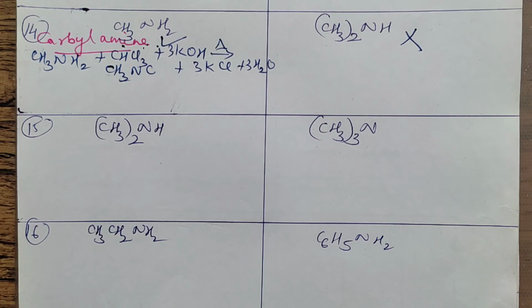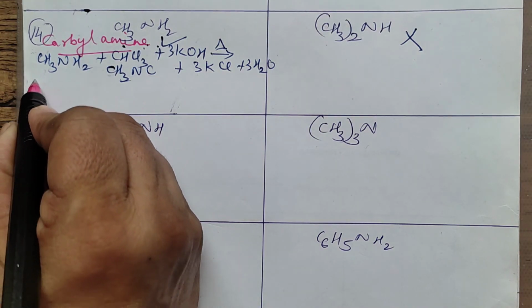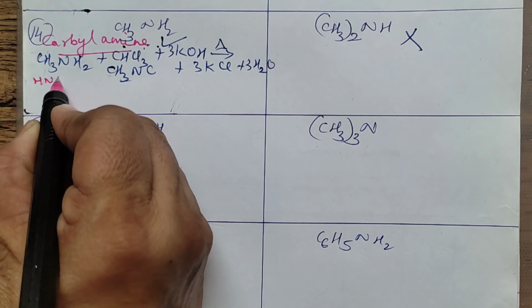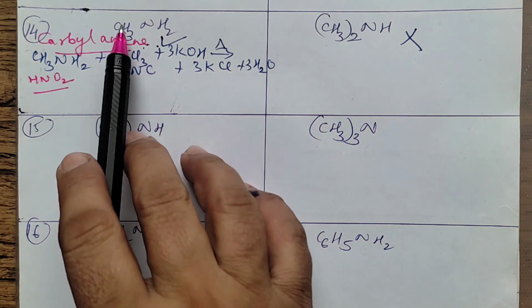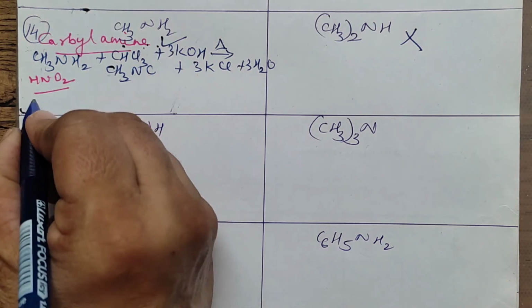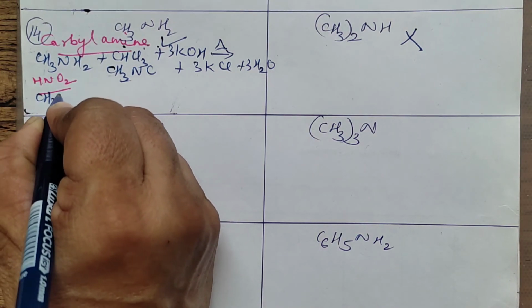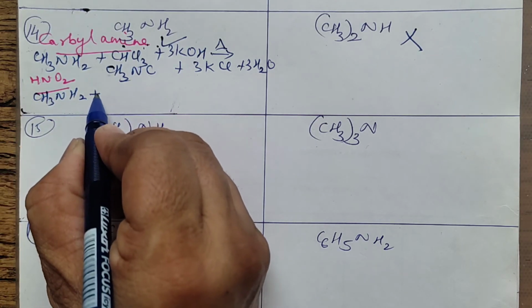Apart from writing this carbylamine, you can also have the nitrous acid test, HNO2 test, that is given by 1 degree amine. Whether aliphatic or aromatic, both will give, but there is a slight difference between aliphatic and aromatic amines, which we will come across. So we will write down the equation: CH3NH2 plus HNO2.